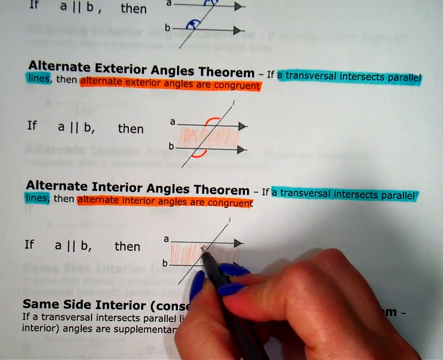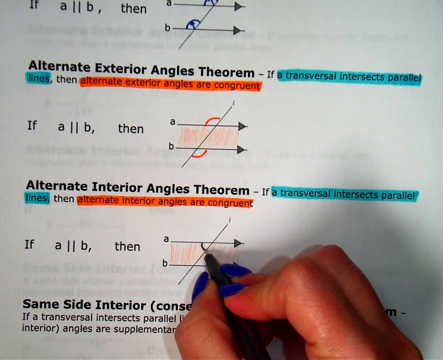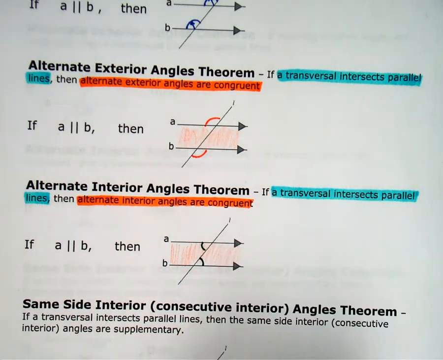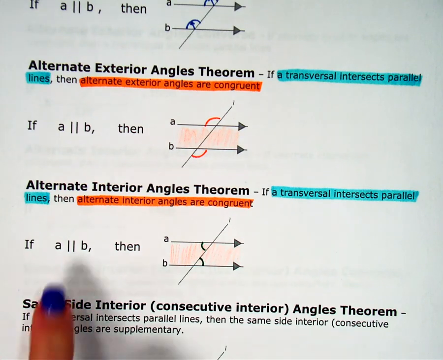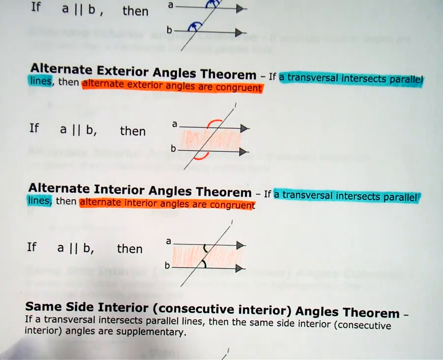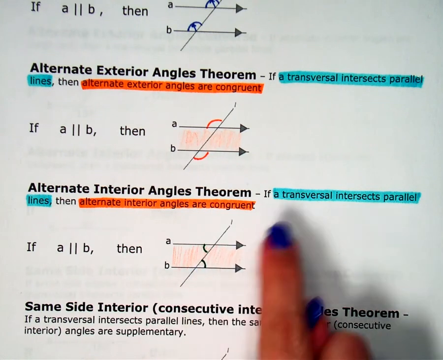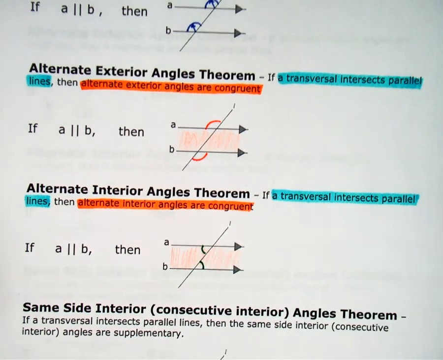I could either pick the left or the right at the top intersection, and then I just have to make sure I do the opposite side on the bottom intersection. Those are alternate interior. I know they are congruent if line A and line B are parallel. Okay? So these angles can only be congruent if the hypothesis is true.